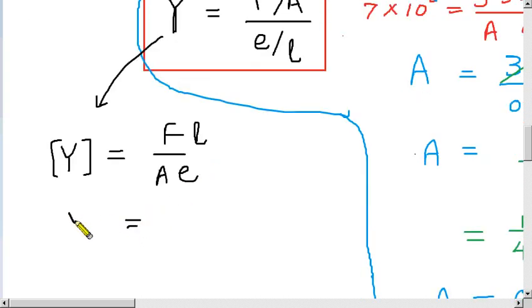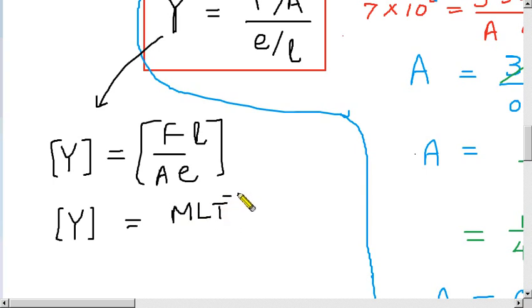So dimensions of Y, Young's modulus, equals dimensions of F. F is m l T minus 2, M L T minus 2. So divide by L squared. Dimensions of A is length times breadth, both are lengths, so L squared.